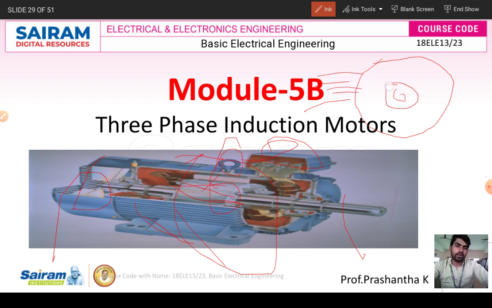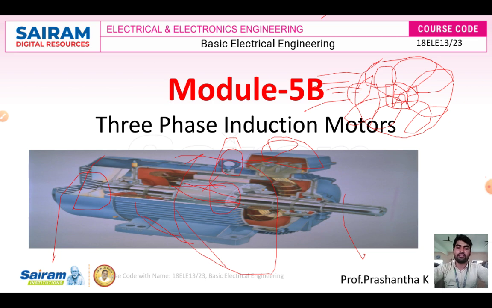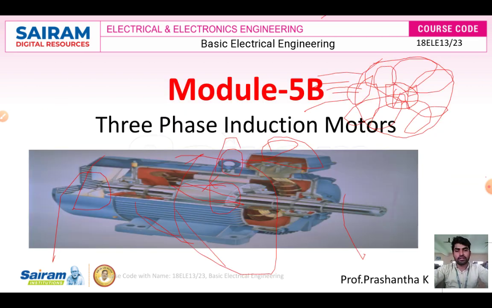If you give power supply, the magnetic field rotates like this. The bar conductor in the rotor cuts the rotating magnetic field and EMF is induced. When EMF is induced in the bar conductor, it experiences a force according to Faraday's laws of electromagnetic induction. That is the working principle of the induction motor. So with three-phase supply, rotation will be there.